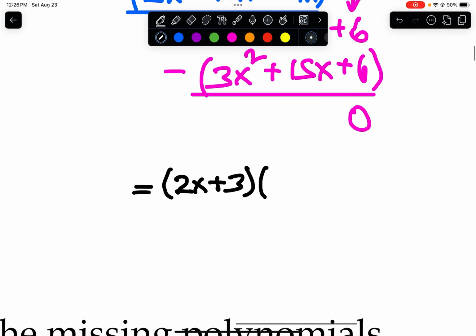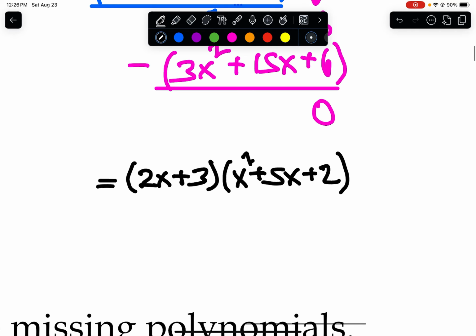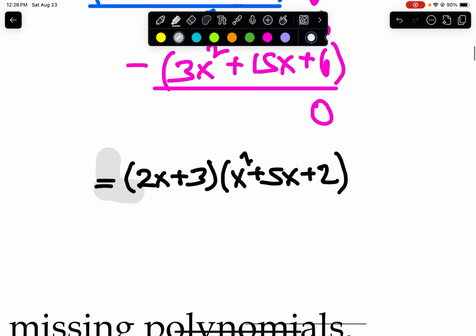And then that's going to be times the divisor, which is x squared plus 5x plus 2. And then we don't have a remainder, so you don't have to write it out.